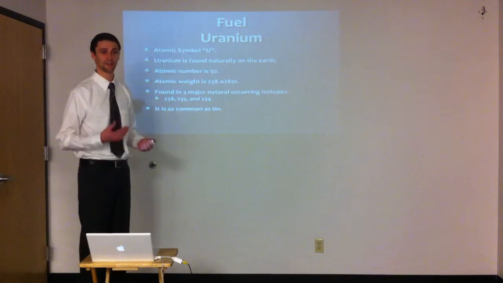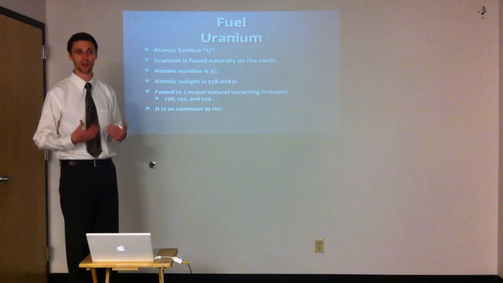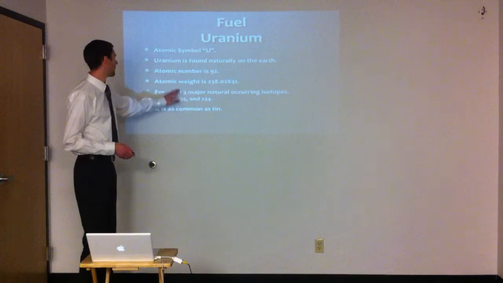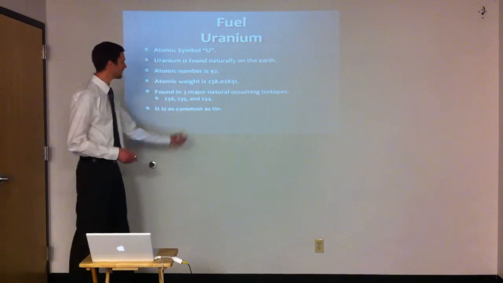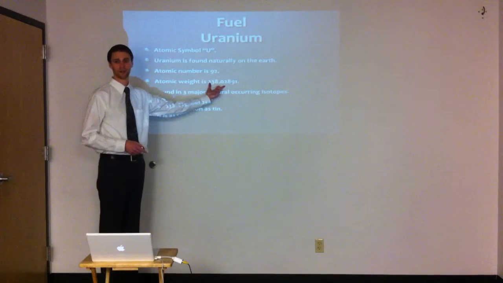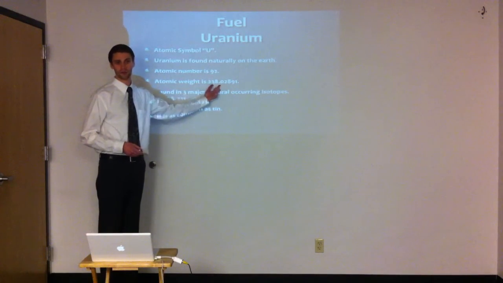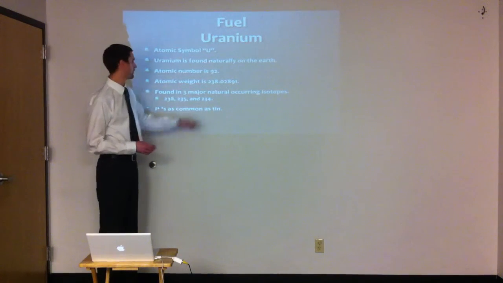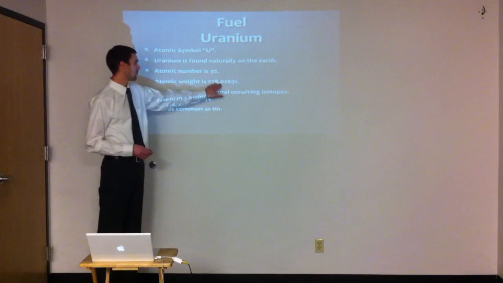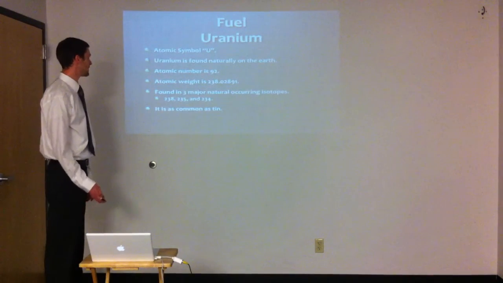And so that's an isotope of an atom. So even though it has a different number of neutrons, it's still uranium. But the atomic weight of the atom will be different. The atomic weight you see on a periodic table of elements is actually the average of all the different isotopes as they occur naturally on the Earth. So this is 238.0289. That's what uranium is.